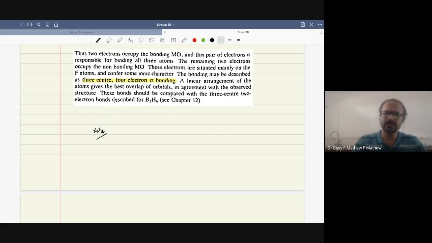You need not worry about molecular orbitals for every one of them, because as I told you, molecular orbital theory is not very easy when it comes to larger and larger numbers of atoms. It's not like how we are visually able to explain it for just 3 atoms, or at most 4 atoms.